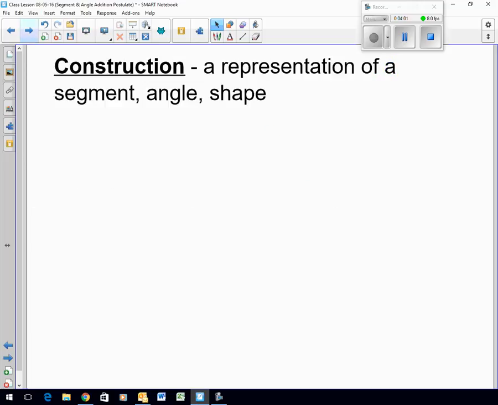All right, what is a construction? It's really simple. A construction is just a representation of a segment, an angle, or a shape. We'll do construction using compasses and straight edges.